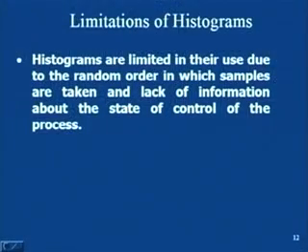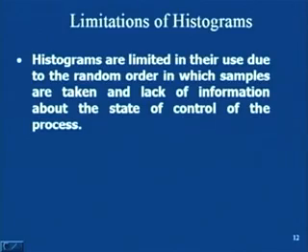The only information we get is that the process is behaving normally, with a particular average or mean value and a particular value of variability. The limitation is that histograms are limited in their use due to the random order in which samples are taken and the lack of information about the state of control of the process.